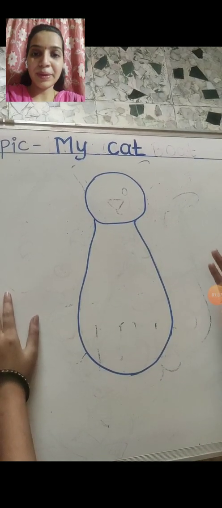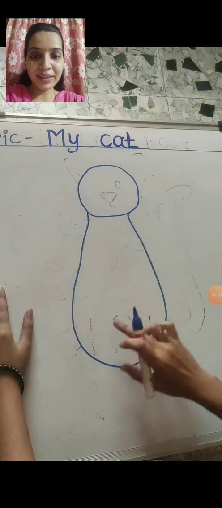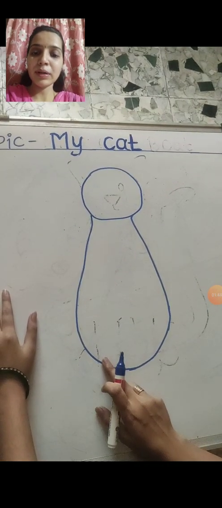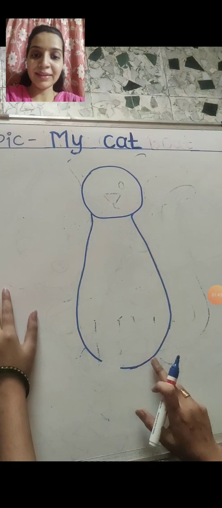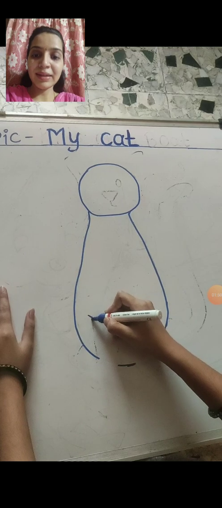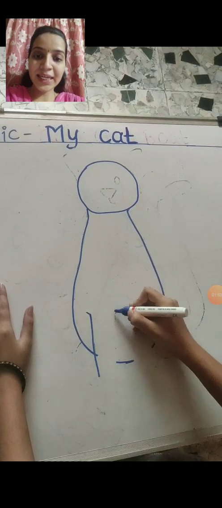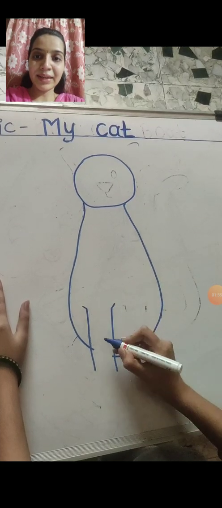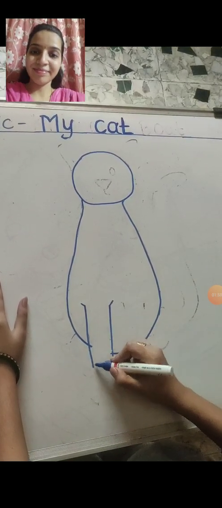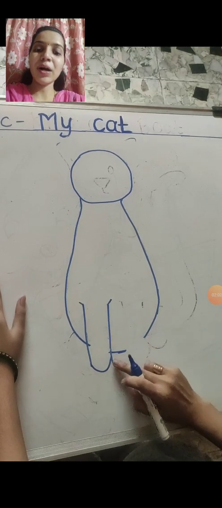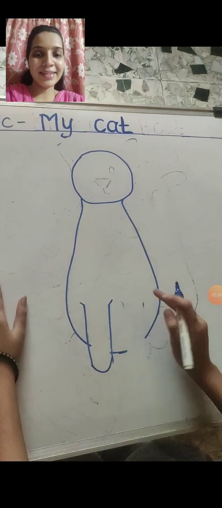Now we will make the legs of the cat from down. For making a leg, first make two standing lines like this, then join those lines with a U shape. Finished. So make another leg also in the same way.